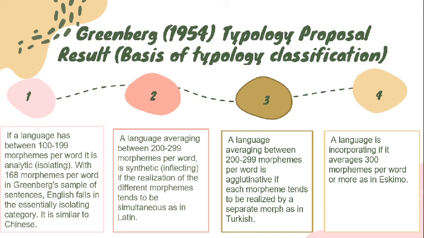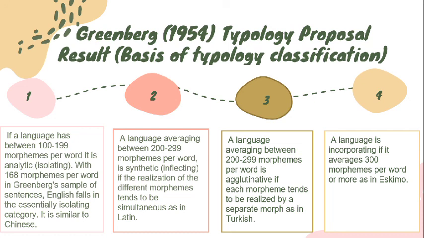The second is a language averaging between 2.00 and 2.99 morphemes per word, which is synthetic or inflecting if the realization of the different morphemes tends to be simultaneous, as in Ancient Latin.